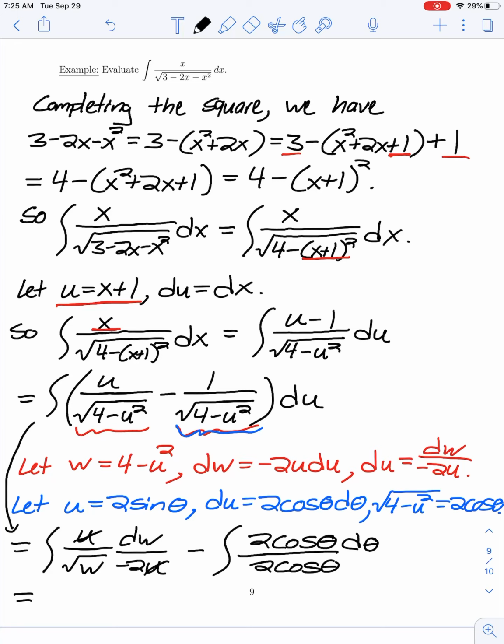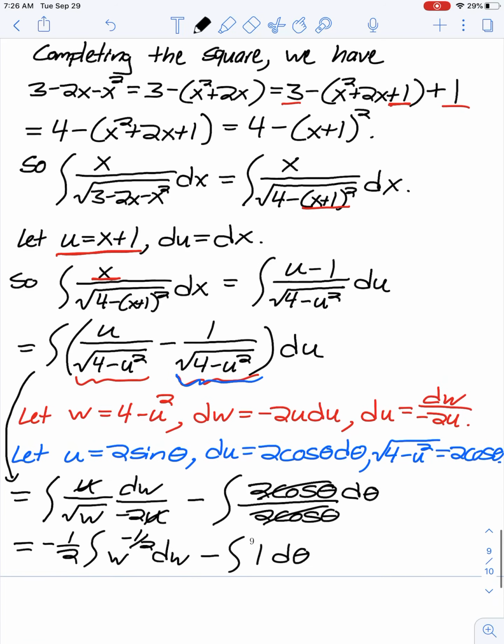So let's see what we're left with. We have, for our first integral, a factor of negative 1/2, which we can bring out in front. And then we have 1 over the square root of w dw, or w to the negative 1/2 power dw, minus the integral of 1 d theta. Our 2 cosine theta on top and bottom will cancel here.